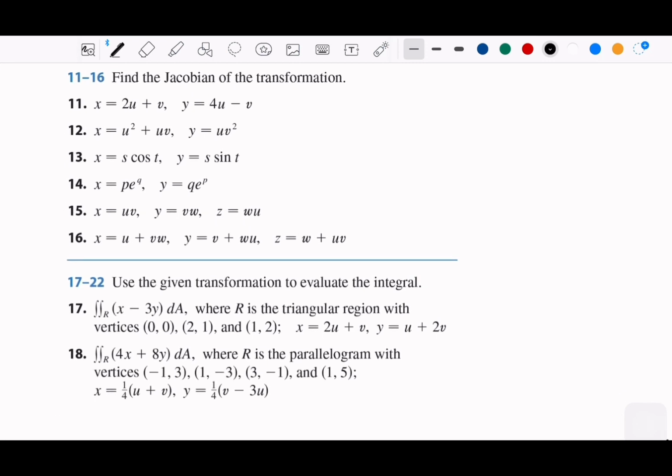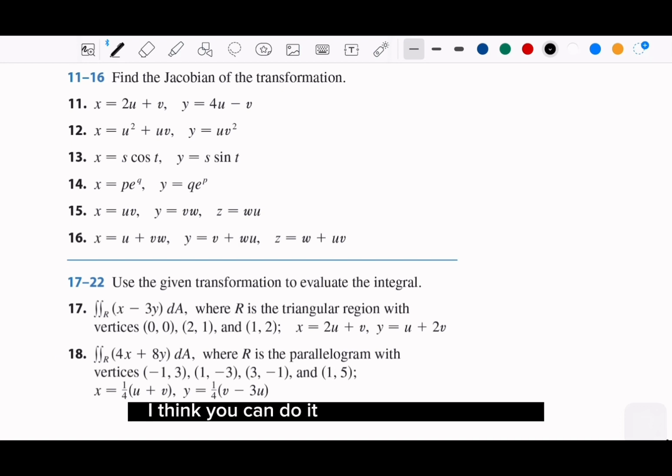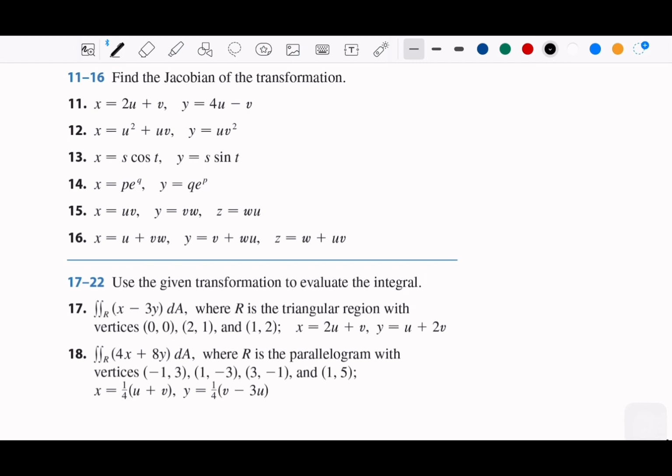So we have, okay, find the Jacobian. I think you can do it, right? You can do it, right? Just find the Jacobian. I think you can do it. I think you could see number 17 or 18, okay, if you are wondering.